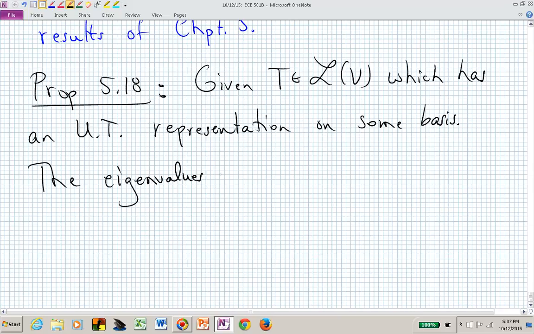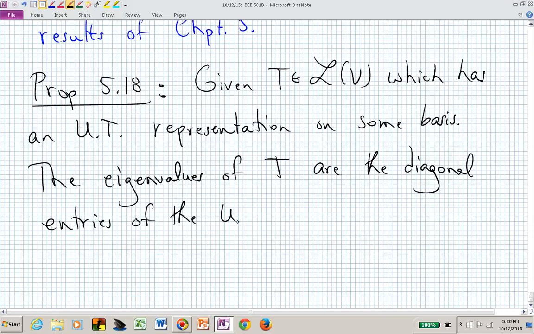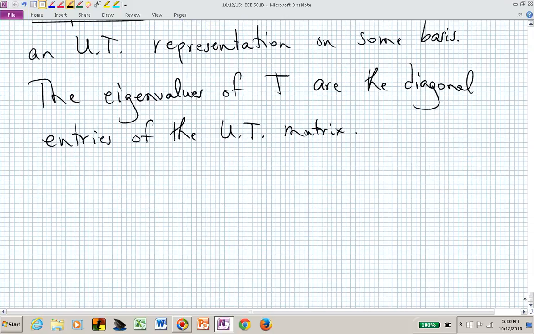The eigenvalues of that operator, T, are the diagonal entries of the upper triangular matrix. And we've been saying that all along. But let's just sort of convince ourselves of that.